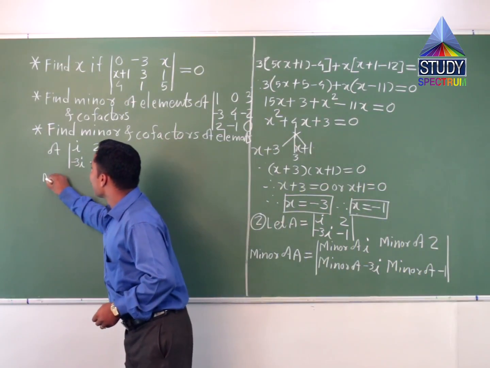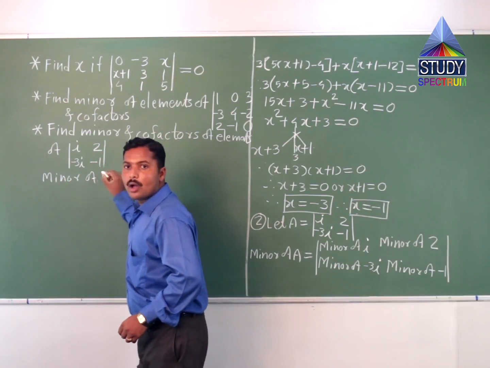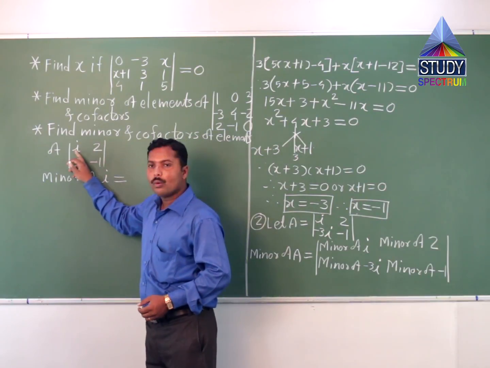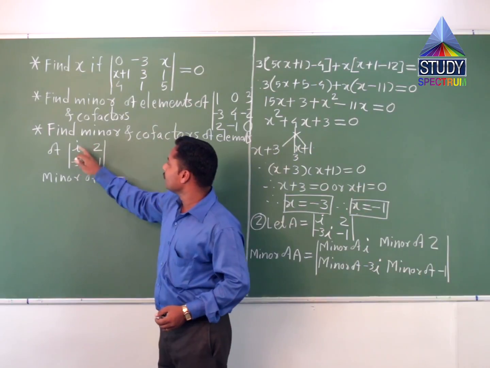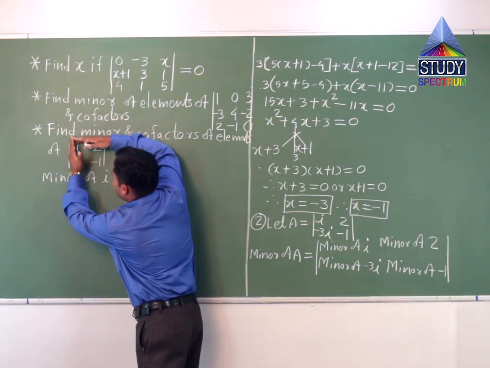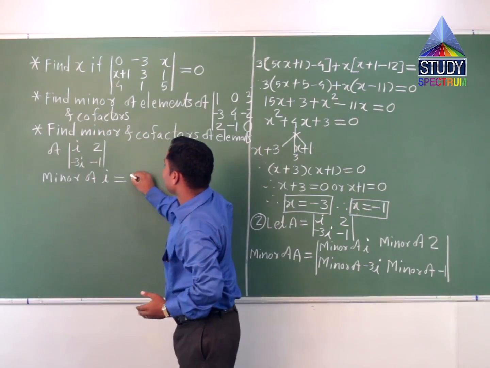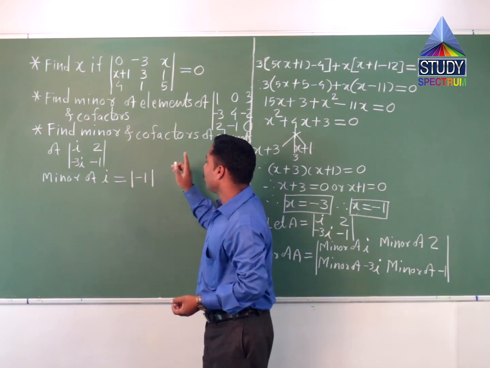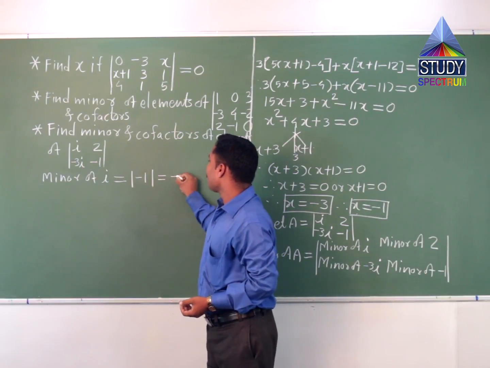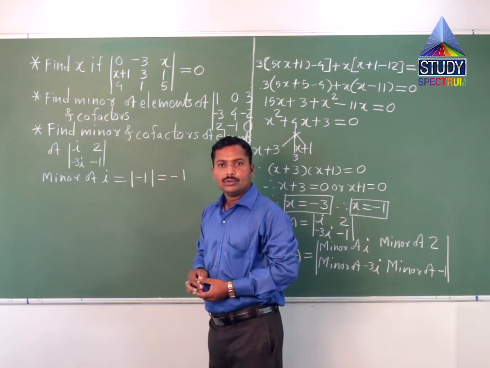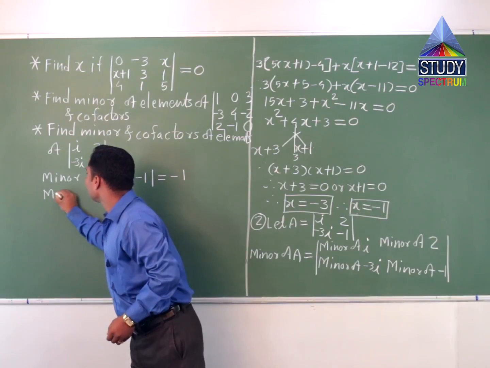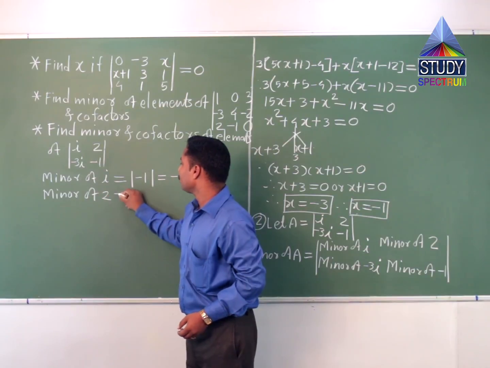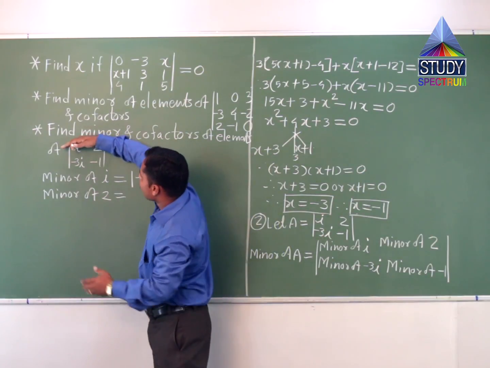Minor of i equal to what? Delete the row and column passing through this number. What remains? Determinant of -1, and determinant of only one number is that number itself, -1. Similarly minor of the second number 2 equal to what? Delete the row and column passing through this number.